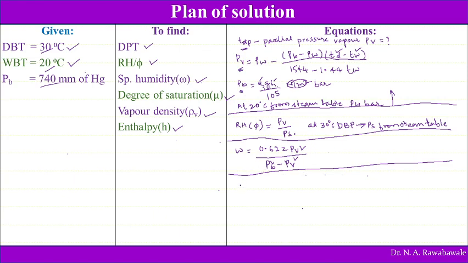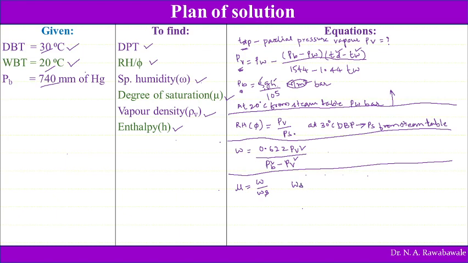Then to find out the degree of saturation, that is mu. Mu is obtained by the ratio of omega divided by omega s. Omega is nothing but the specific humidity, and omega s is the specific humidity of saturated air. Omega we have already calculated.